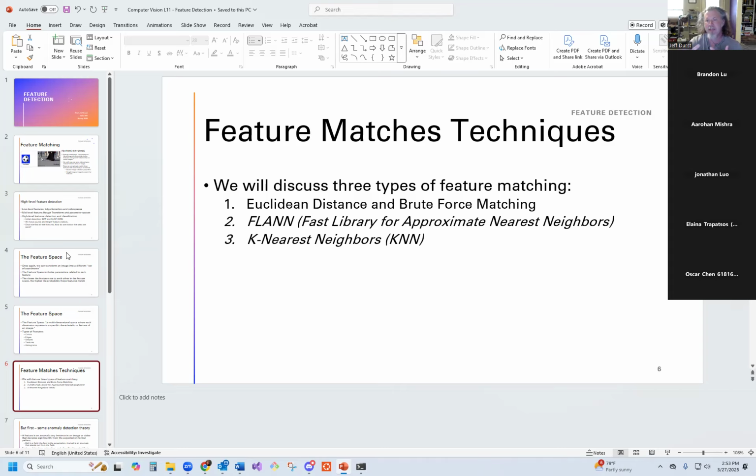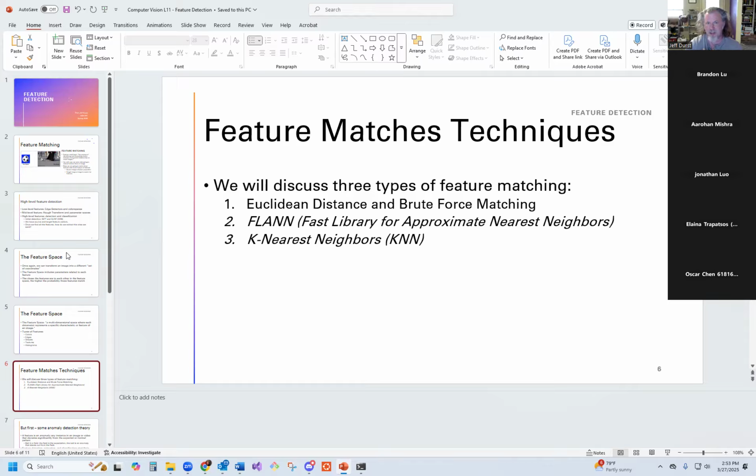So we're going to be talking about feature matching techniques. You can see here, I'll probably demo all of these as we go, especially to show how much longer a brute force runs compared to something like FLANN.